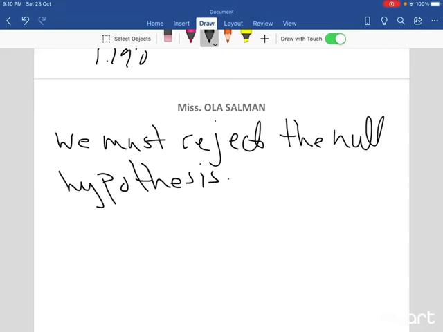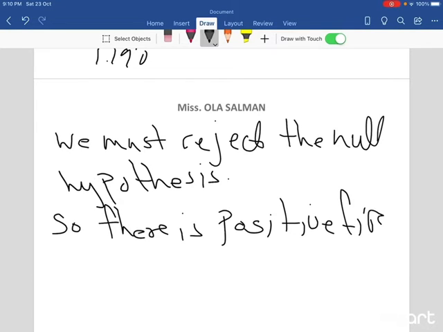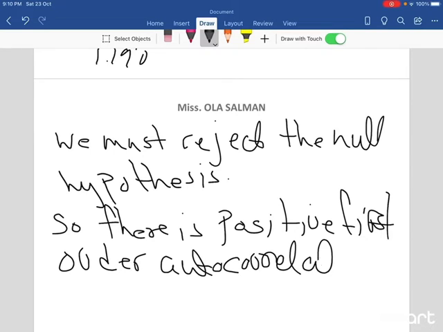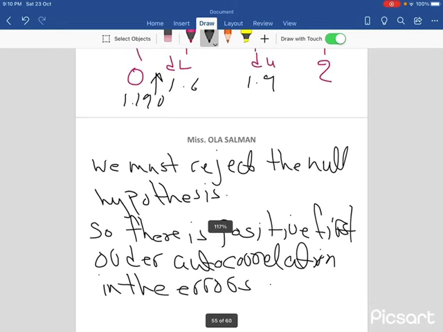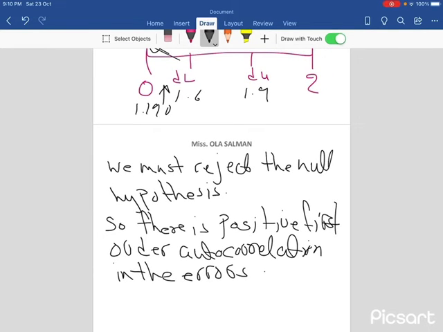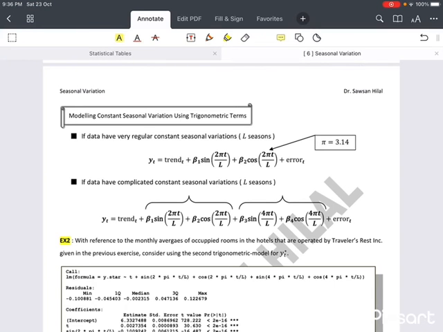Okay, so there is positive first order autocorrelation in the errors. Okay, we'll continue about method number 2.